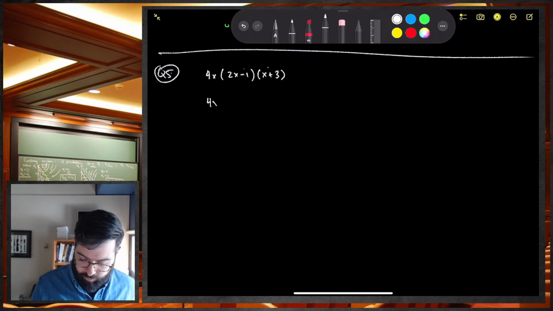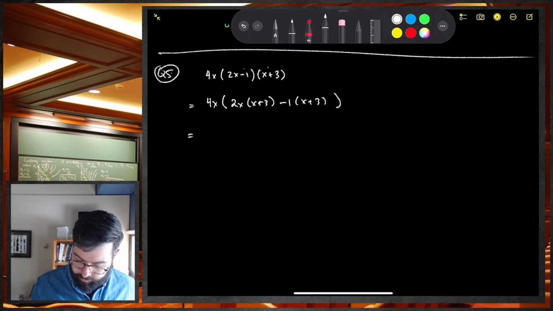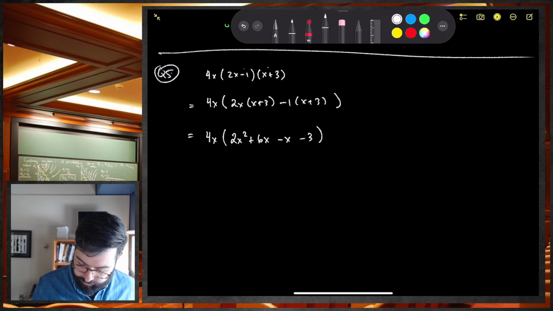So I'll keep my 4x, and I'll have 2x times x plus 3 minus 1 times x plus 3, all inside brackets. And double distribute here, so 2x squared plus 6x minus x minus 3. So that leaves me with 4x. I'll just simplify the inside first, any like terms. So this is just going to make life easier.